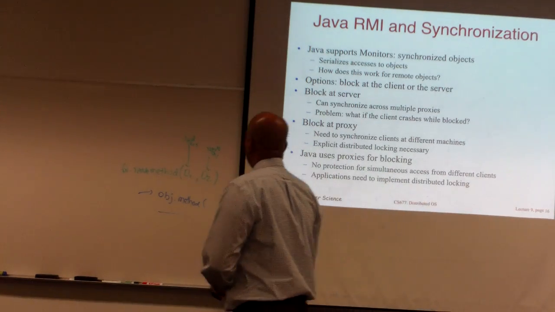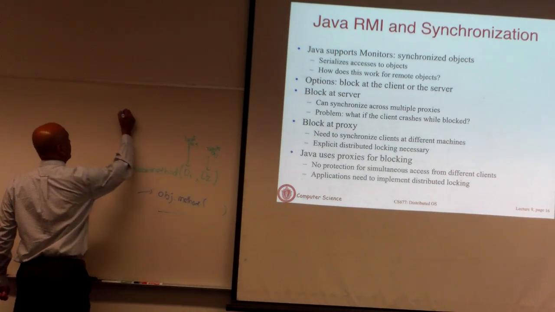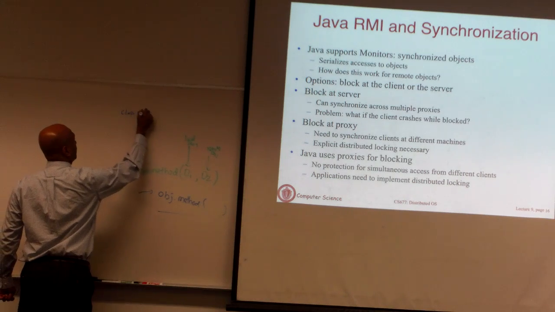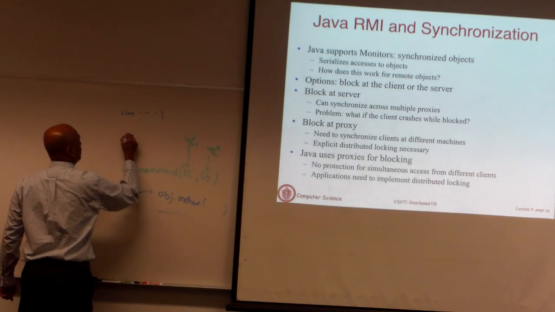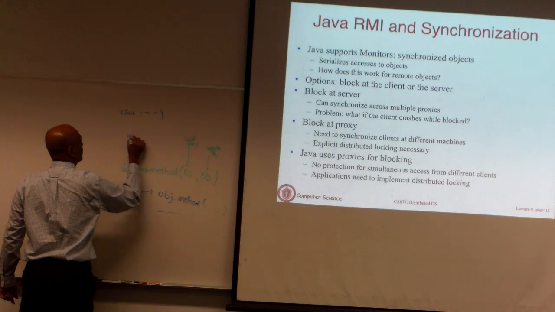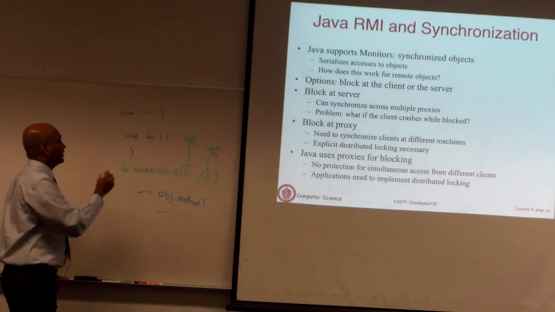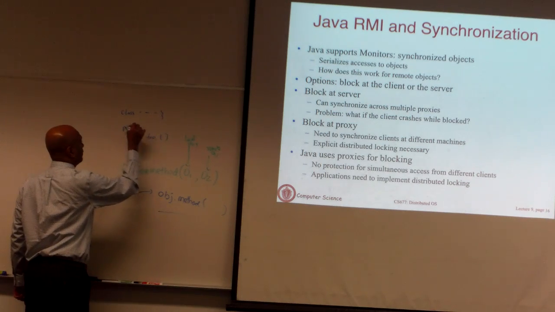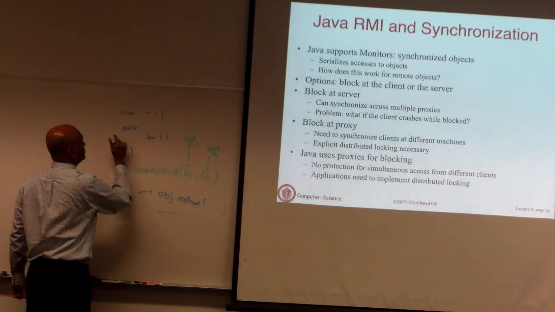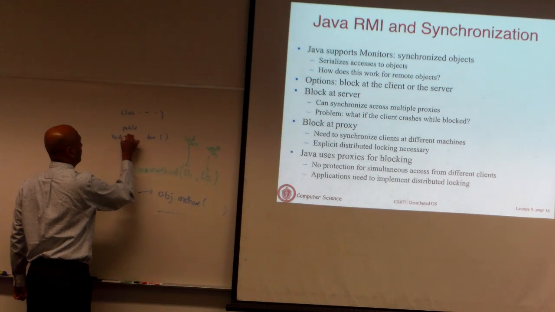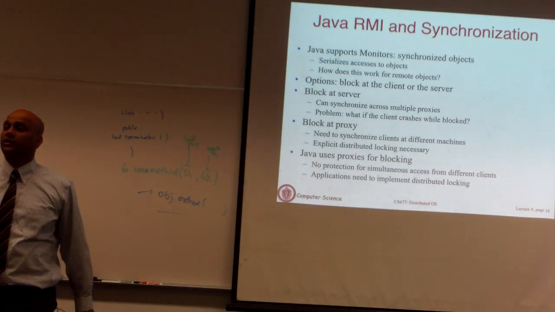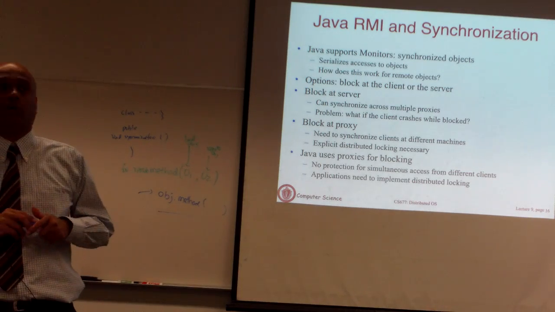So essentially, if you are writing a class and you have, let's say, a public void method foo, and instead of this you say public synchronized void foo, that essentially makes this object into what is called a monitor.